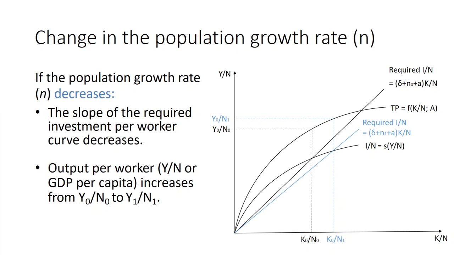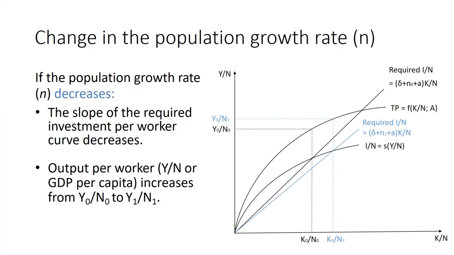Then there are also the economic limitations, such as the shape of the total production curve, and because we have diminishing marginal returns to labor and capital, this policy would have limited impact. You can also only decrease the population growth rate by so much.